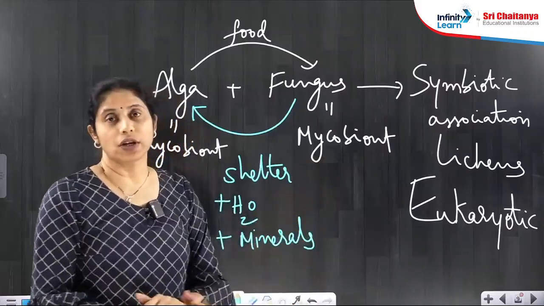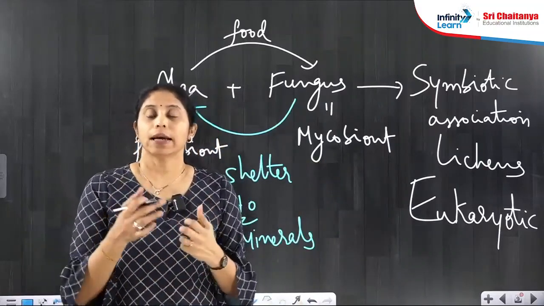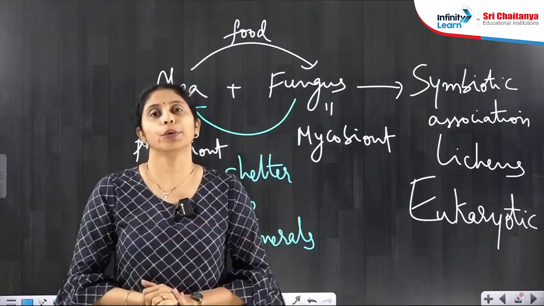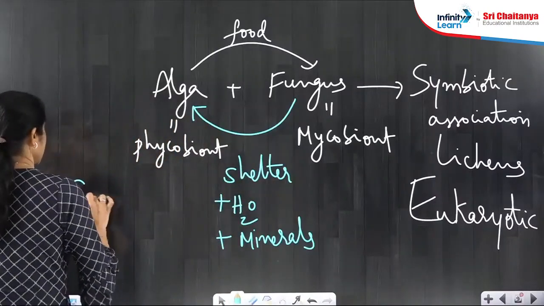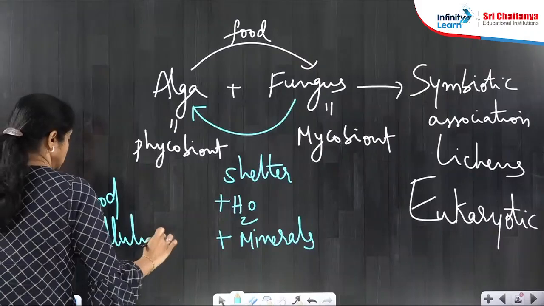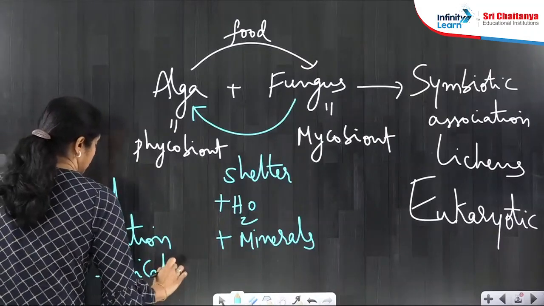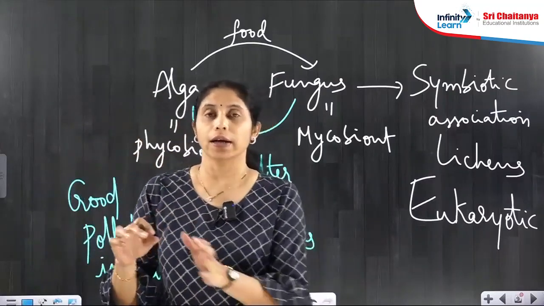And these lichens generally are present on the trees, and different forms of lichens are there. And these lichens are very good pollution indicators. They will never grow in the polluted areas. Okay. Lichens are good pollution indicators. That means you shouldn't think that if the lichen is there, it will indicate the pollution.